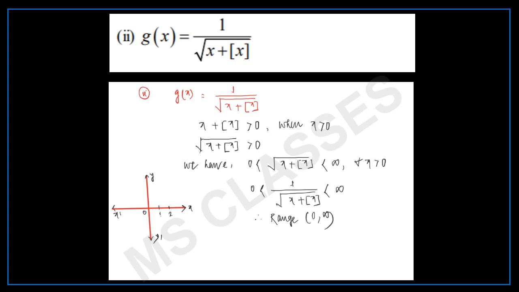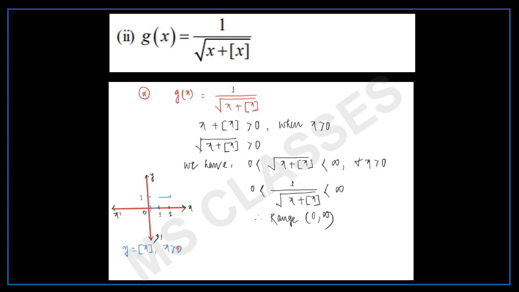Now when x is greater than 0, you can start it like this, 1 and so on. Here we have taken this semicircle because we are plotting the graph of y equal to box x here when x is greater than 0.